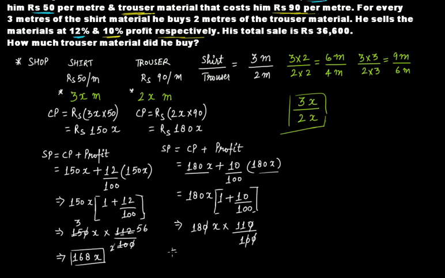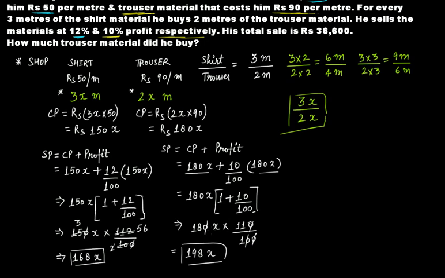Now this gives you 18 times 11. So 18 times 11 means 198x. So the selling price for the trouser material is 198x.